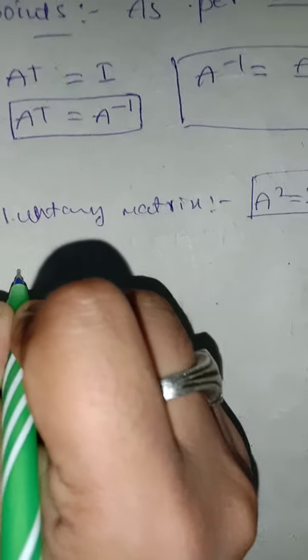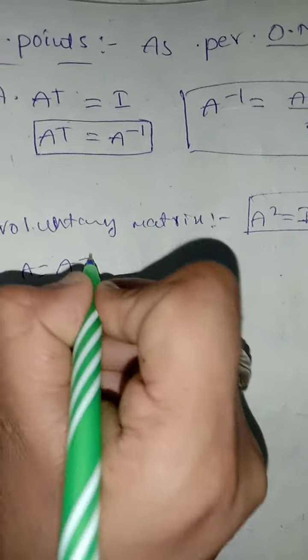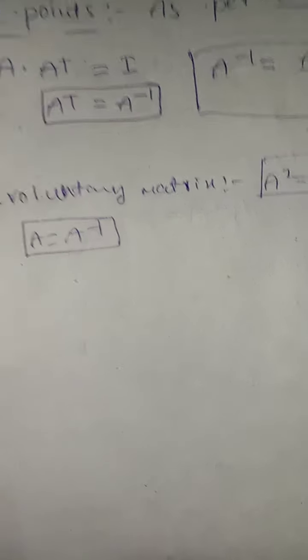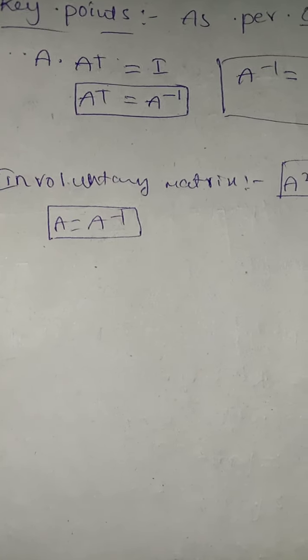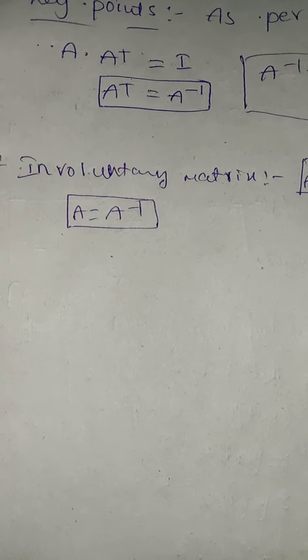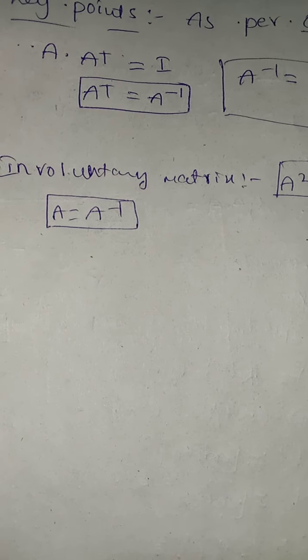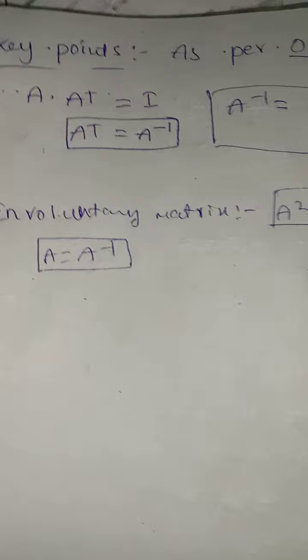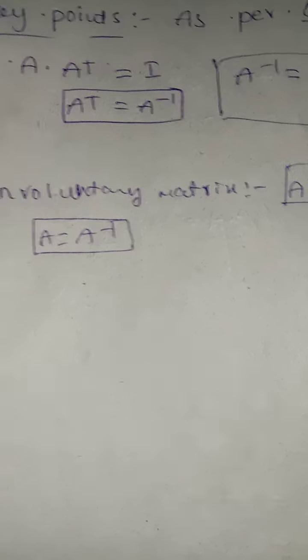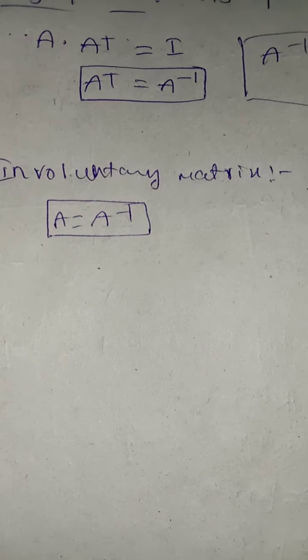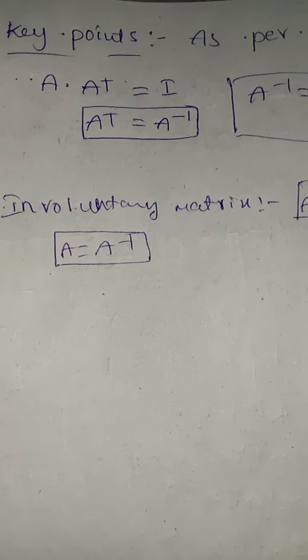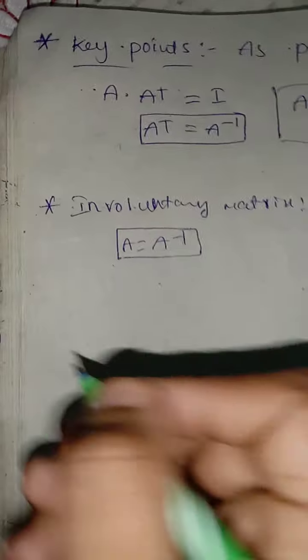Then A equals A inverse. For an involutory matrix, the matrix itself exists as the inverse of the matrix. Okay. There is some proof also, but the proof is not needed here.